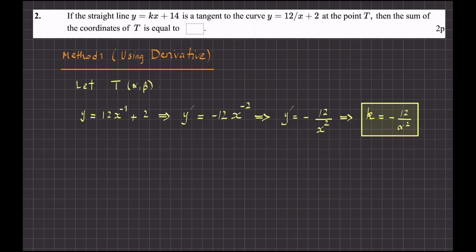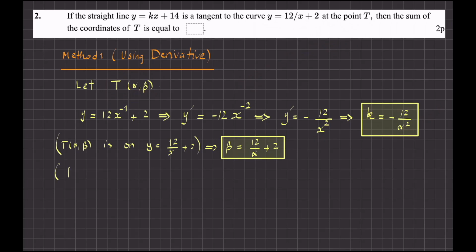So I would write T(alpha, beta) is on y equals 12 over x plus 2. Then it means that if I replace y with beta and x with alpha, this equation should hold. So this is my second equation. Okay, so let me put a pair of brackets around it.